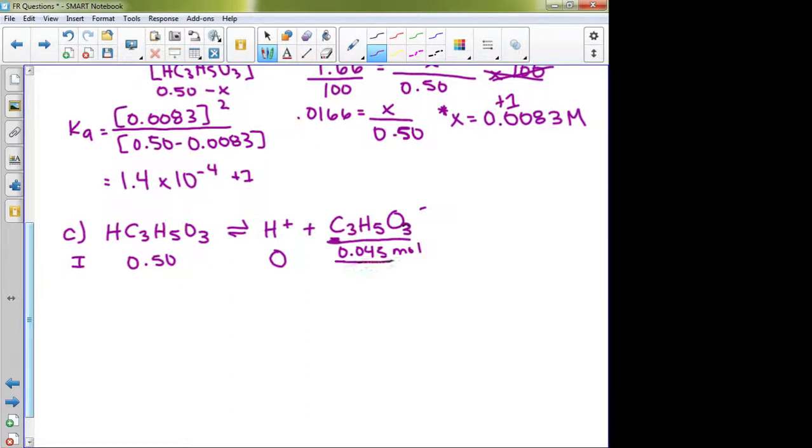But to get molarity, I've got to divide that by liters. How many liters do I have there? 250. That's how many milliliters? Just kidding. So divided by 0.250 liters, which would be 0.18 molarity, and they would give you a point for that.